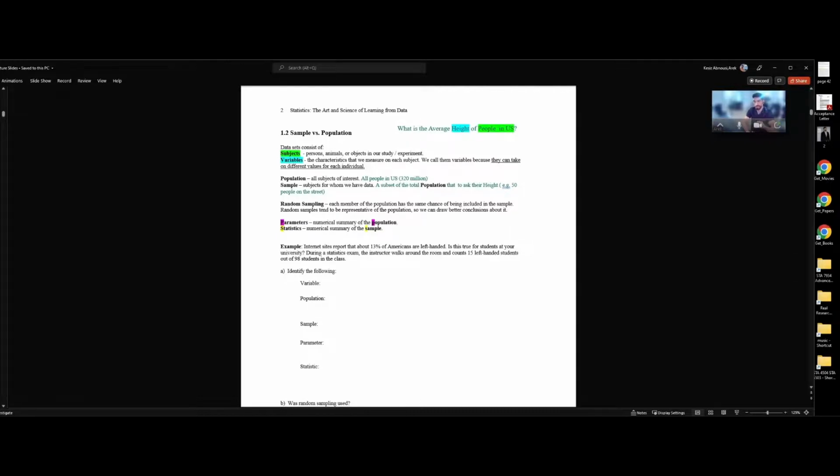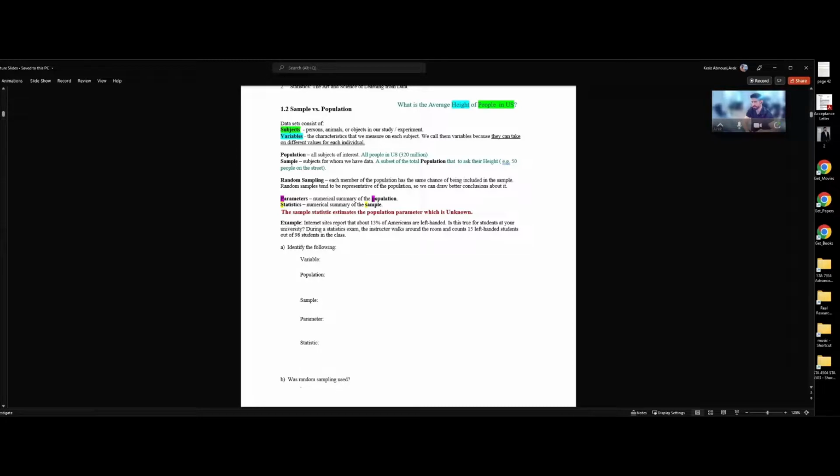So we will be more confident in our estimates about the population if we've done random sampling. Parameters, as I said, are numerical summaries of the population. Statistics are numerical summaries of the sample, and numerical summaries, as I said, are the mean and standard deviation, and some more that we will see, like the mode and the median. But right now, let's go and see this example.